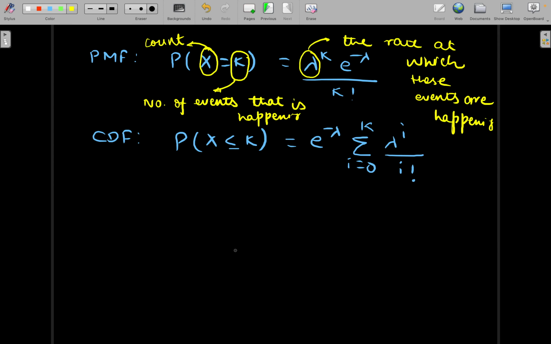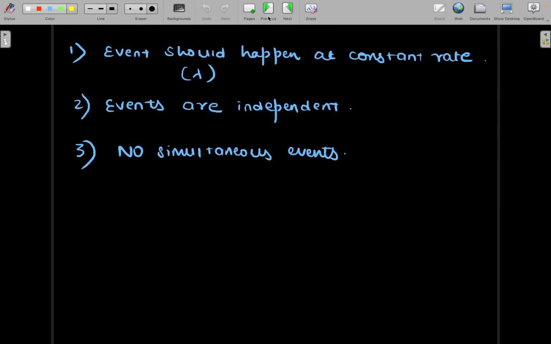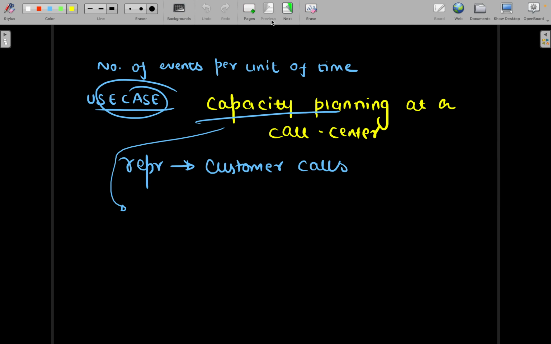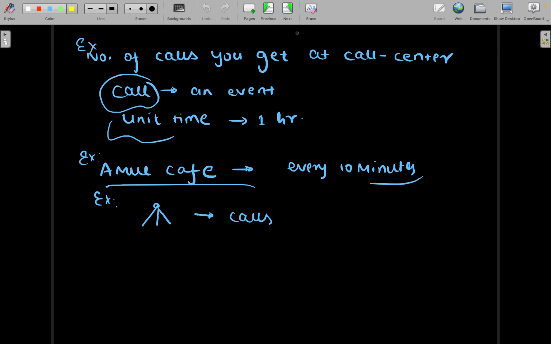We typically use Poisson distribution when we want to measure the number of events per unit time. I discussed a use case called capacity planning, where I discussed how many people we need at the call center, looking at the distribution of calls that we have been receiving in the past.